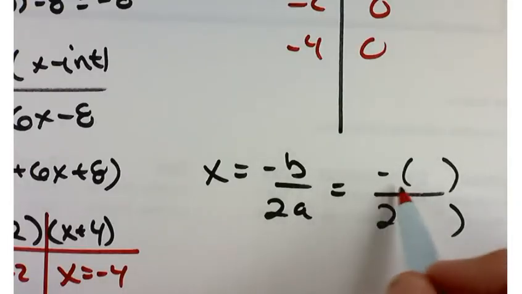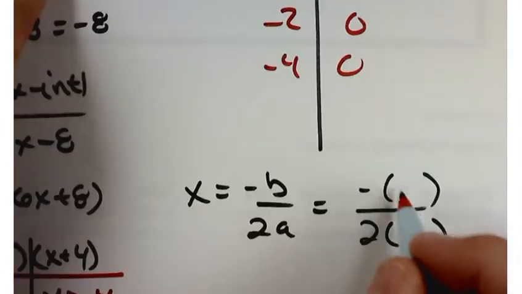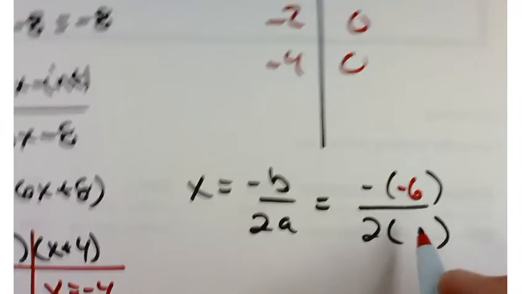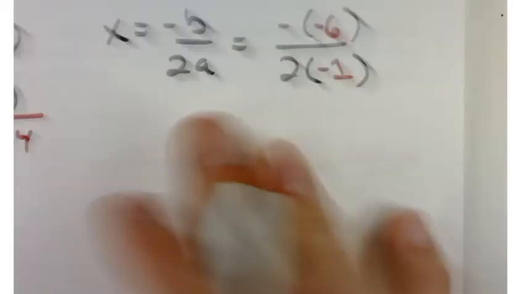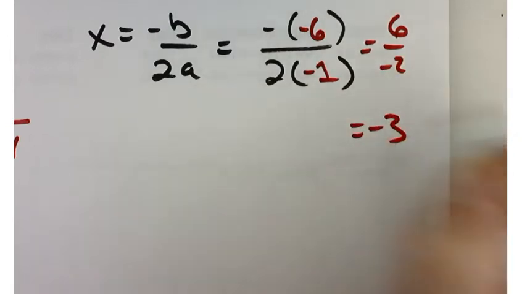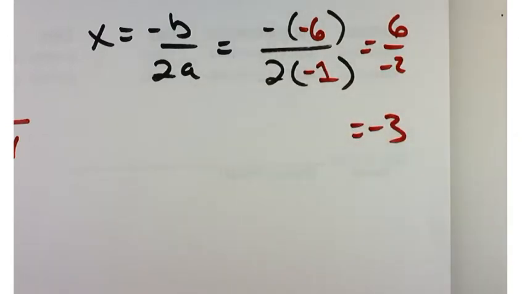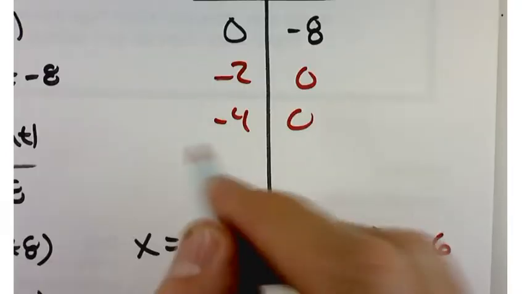So the negative of b is what? Negative 6. So the negative of negative 6 over 2 times negative 1. So 6 over negative 2 is negative 3. So that's my x, the x coordinate of my vertex. So negative 3.